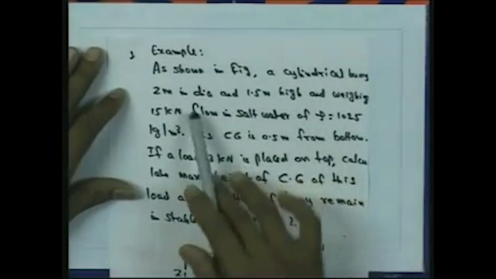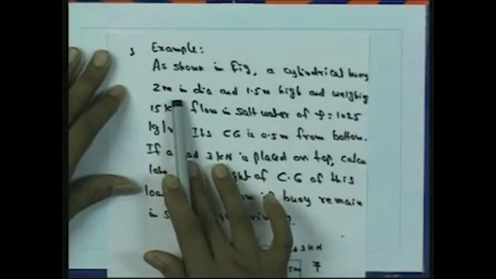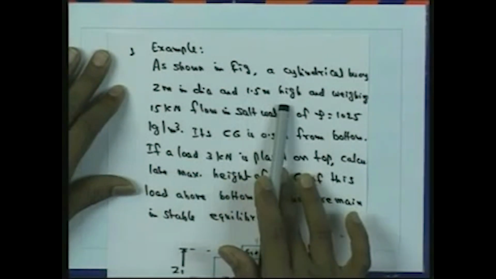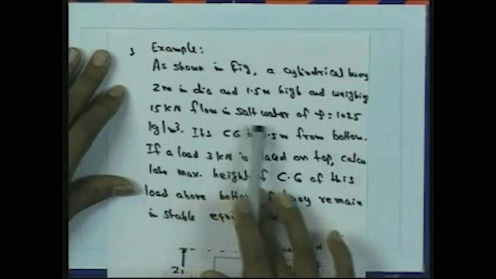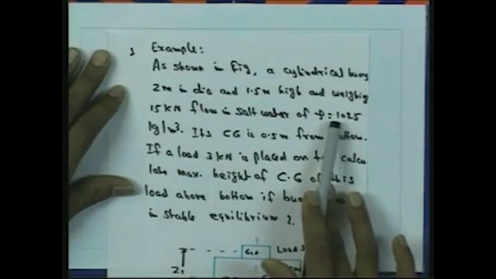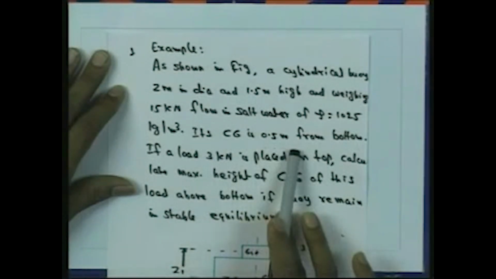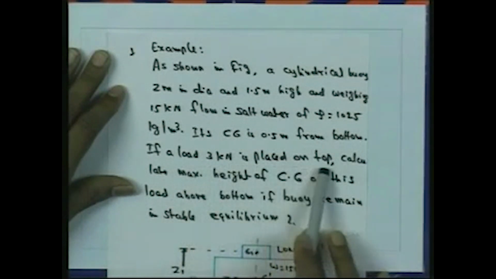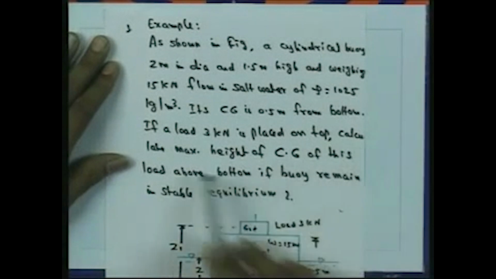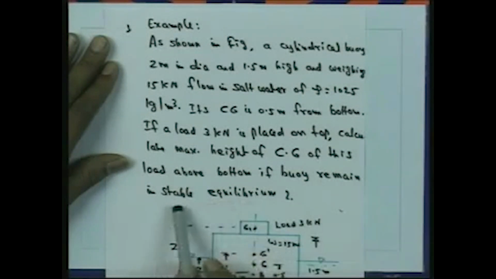The problem statement is as shown in the figure: a cylindrical buoy 2 meter in diameter and 1.5 meter height, weighing 15 kilonewton, floats in salt water of density 1025 kilogram per meter cube. Its center of gravity is 0.5 meter from the bottom. If a load of 3 kilonewton is placed on the top, calculate the maximum height of the center of gravity of this load above the bottom if the buoy remains in stable equilibrium.